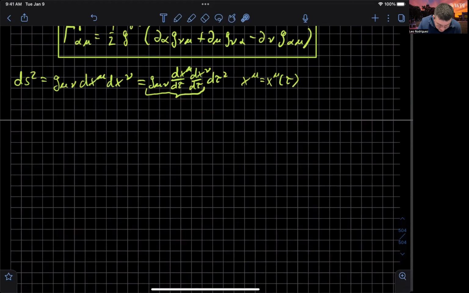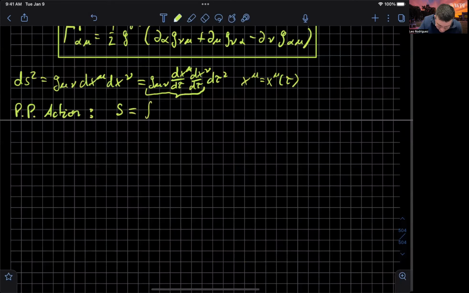So one thing we're going to do is when we take the square root, we're going to add in the negative sign by hand and define what's called the action for the point particle. So now I have the point particle action, which is just the square root of this, and then integrating out. So I'll call this S, since we call this ds.